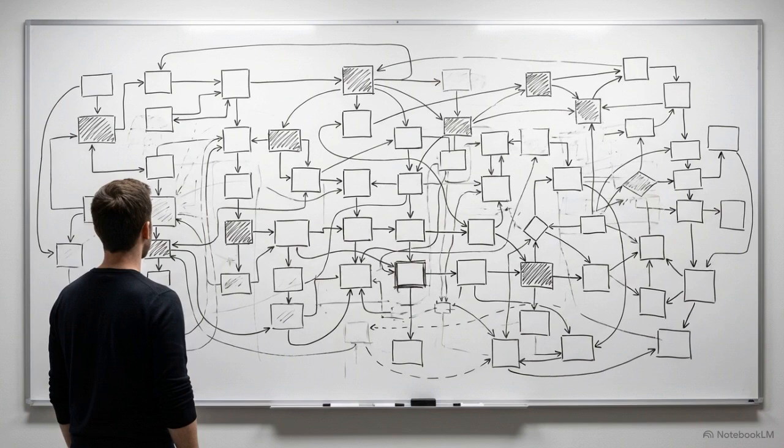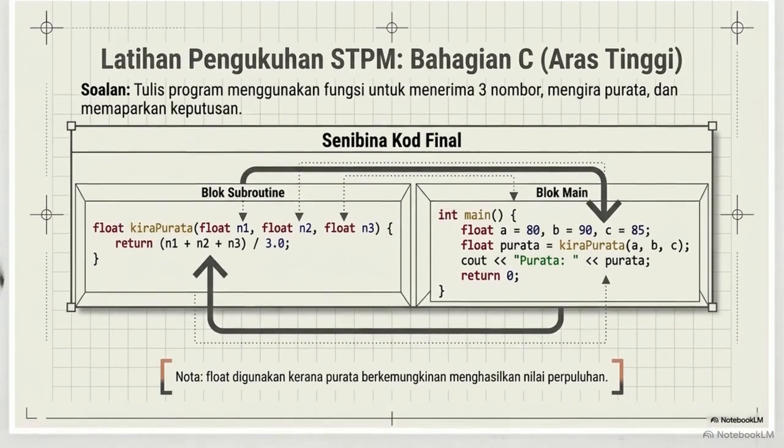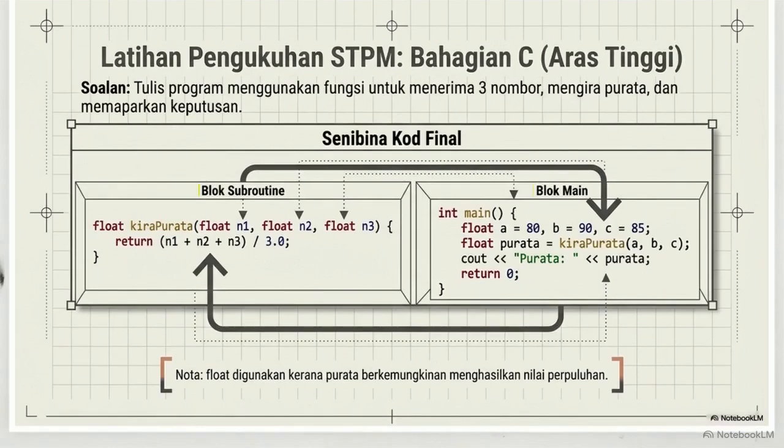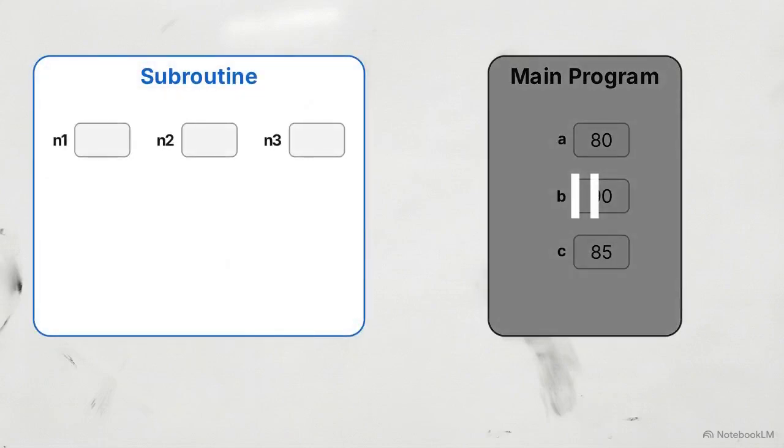We can apply this architecture directly to a practical STPM-level coding scenario, calculating an exam average. This final code schematic maps the exact relationship between the main block and the Cura-Parada subroutine. The main program block on the right initializes 3 separate test scores locally. It then pauses its execution to call the function, passing those 3 distinct variables as arguments.